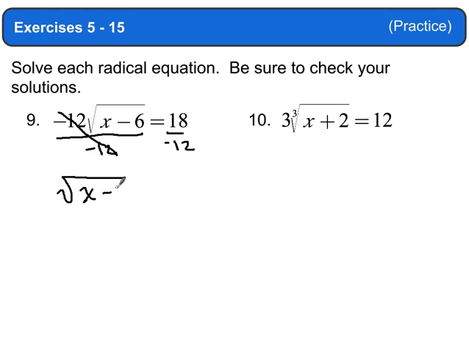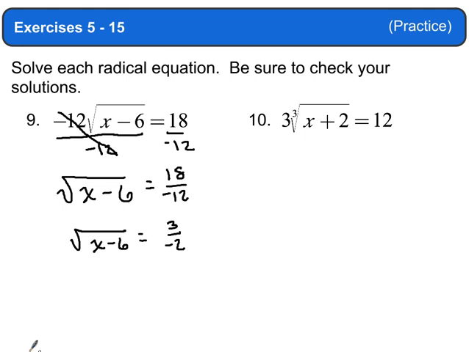And then you would have the square root of x minus 6 is going to equal 18 over negative 12. And then again, you can continue to solve from there. A 6 does go into both of these, so you could actually simplify that before doing any other work. So 6 goes into 18 3 times, and 6 goes into 12 2 times.